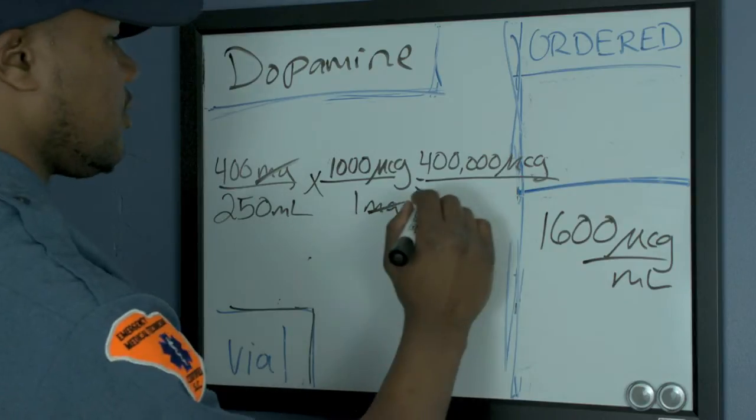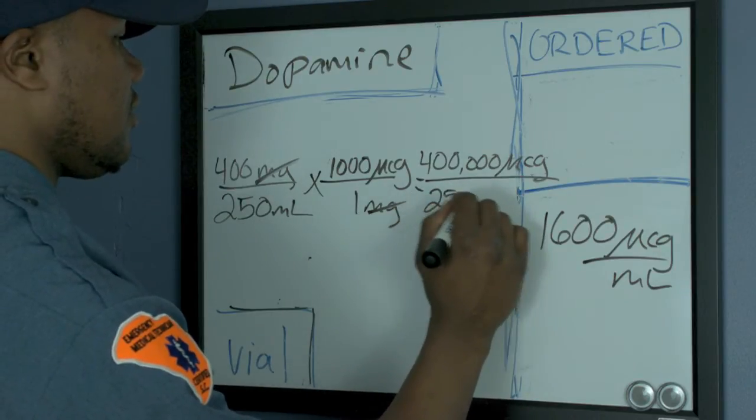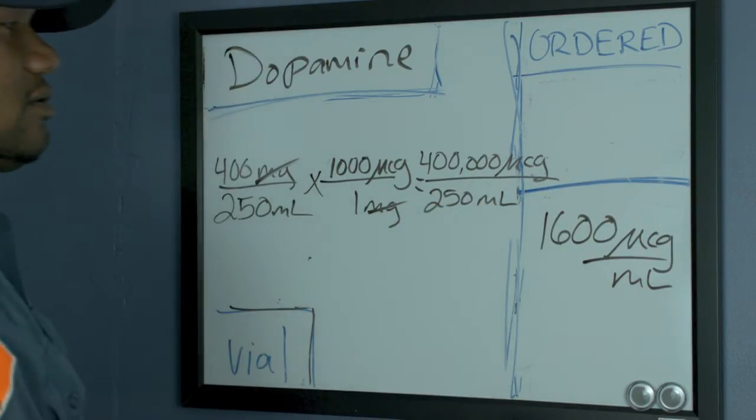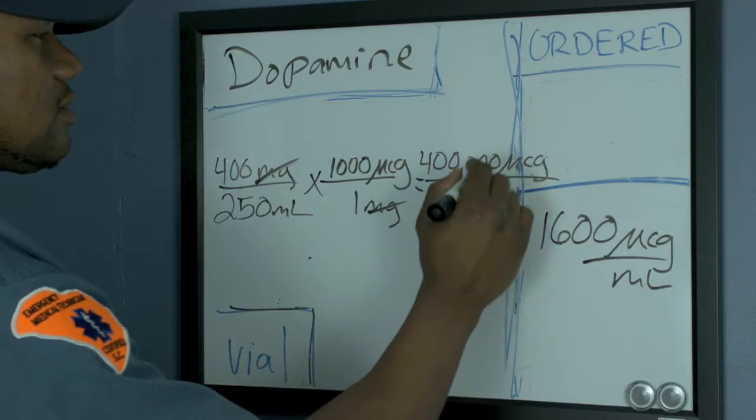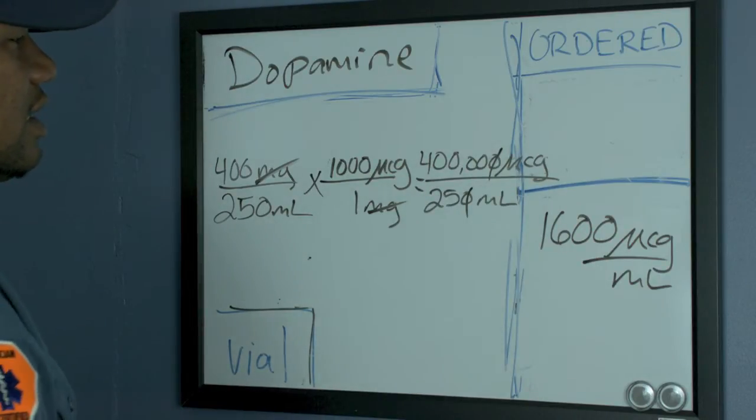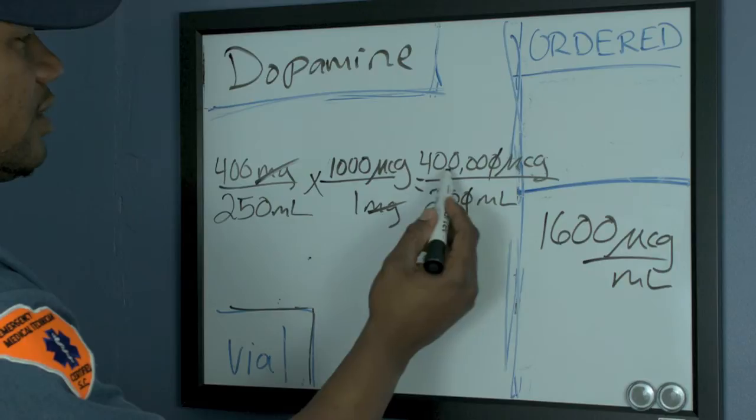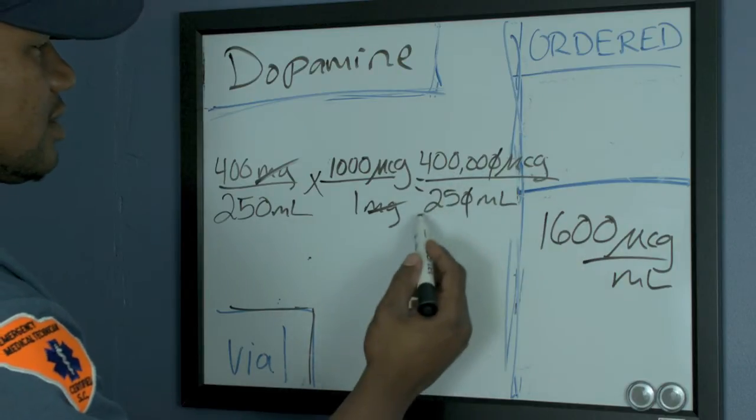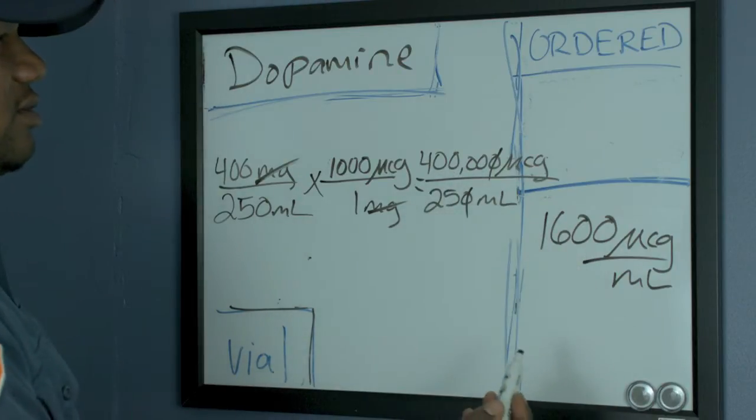micrograms all over 250 milliliters. Okay, if you cross each one of the zeros out, that ends up being 40,000 micrograms and 25 milliliters.